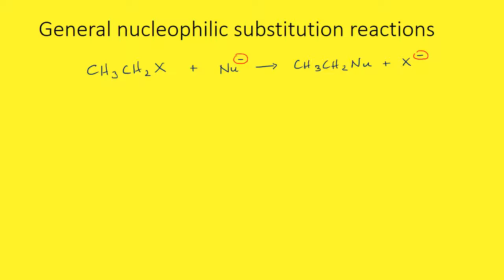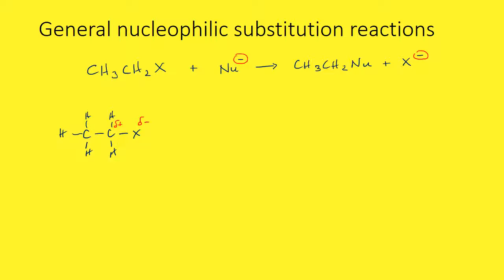So first of all, we're going to draw this displayed formula of the halogenoalkane. So we've got two carbons, the methyl group on one end, CH2 group, and we've got the halogen on the end of that molecule. So the first thing to say is that the electrons will be drawn towards the halogen because the halogen is more electronegative, and so that will give the halogen delta minus charge, and it will give the carbon the delta positive charge.